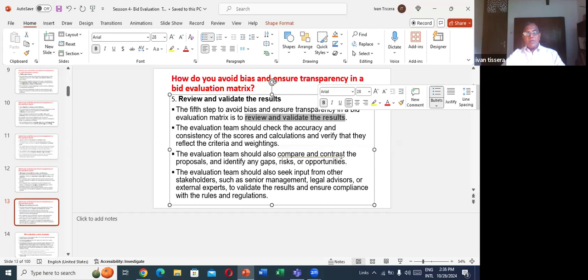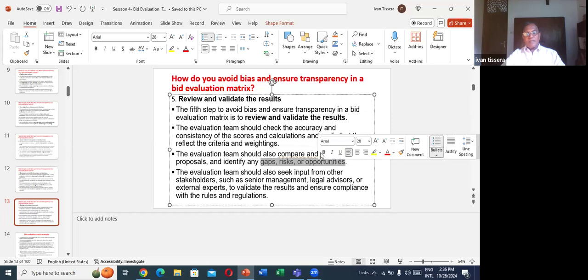The evaluation team should also compare and contrast the proposals and identify any gaps, risks, and opportunities.